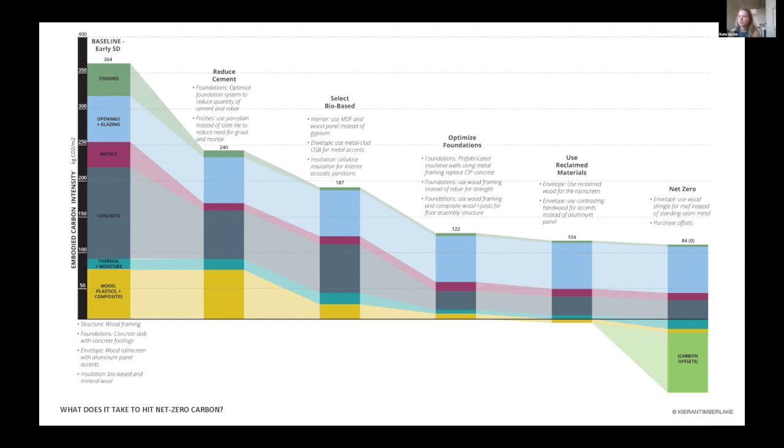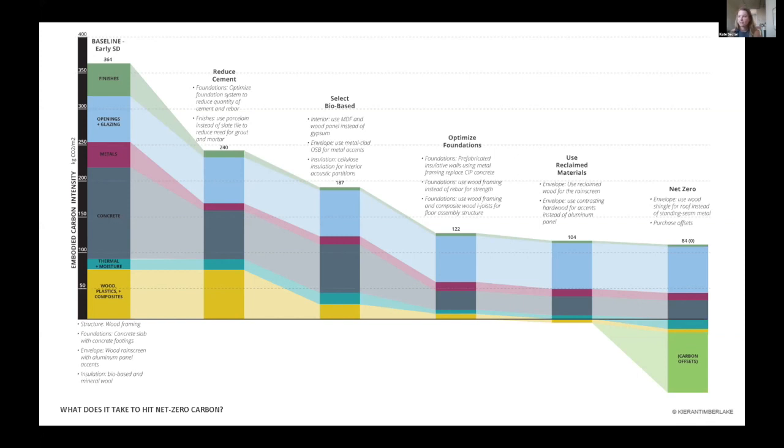And so a lot of it really comes down to starting early, making sure that we're addressing embodied carbon right from the start in early SD. There's a lot of things that we can do to help slowly move down the path towards zero, whether that's reducing your cement content in concrete or reducing steel, and we're going to talk more about these impacts, but also selecting bio-based materials that help with sequestration and reversing that impact. There are also strategies for optimization, whether that's in foundation or your steel content.